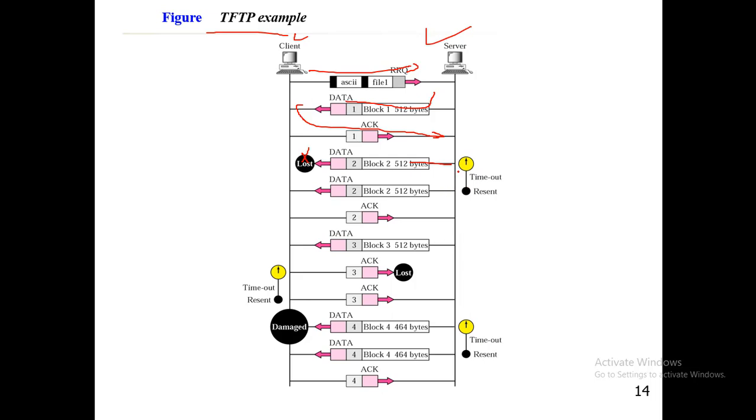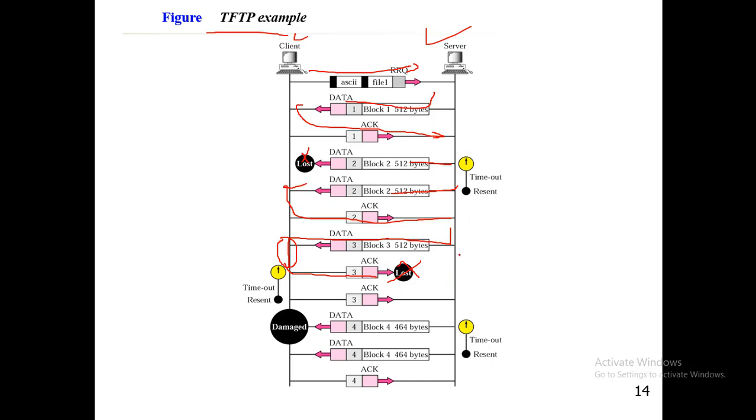So the server will send the data again to the client, and this client now sends the acknowledgement for this packet. Similarly, data block 3 will be sent, and let's say the client has received data 3, but the acknowledgement was lost actually.